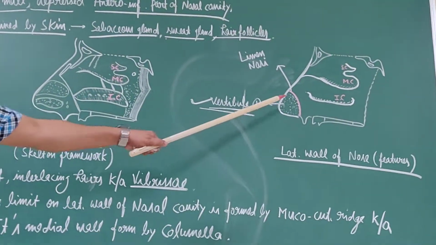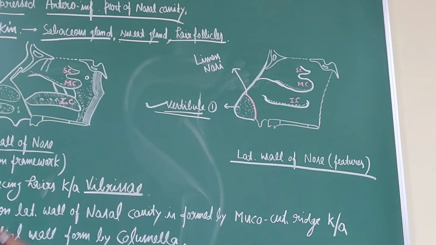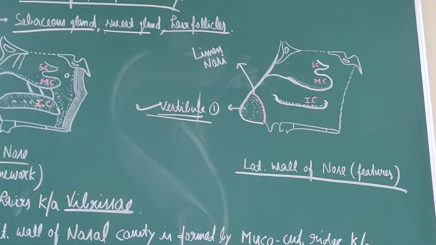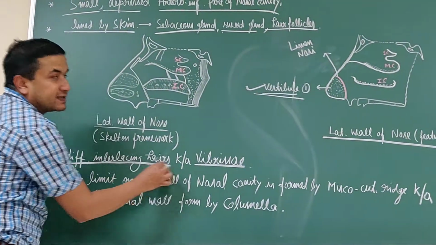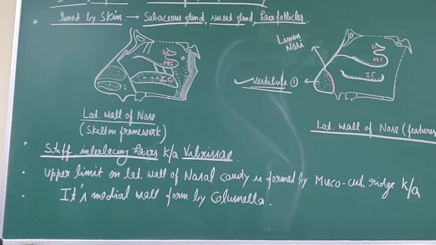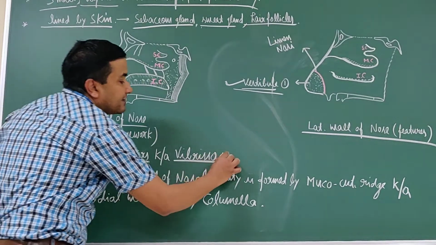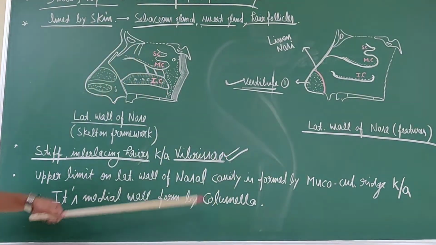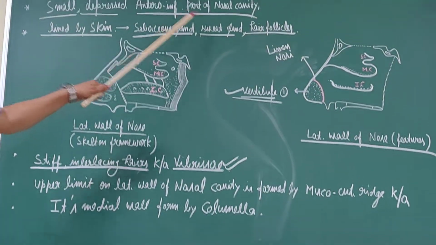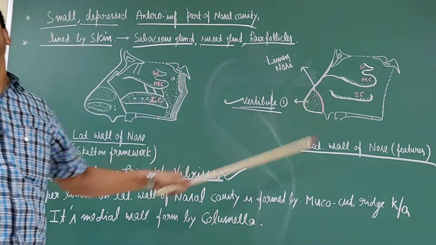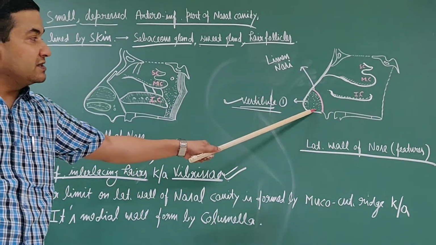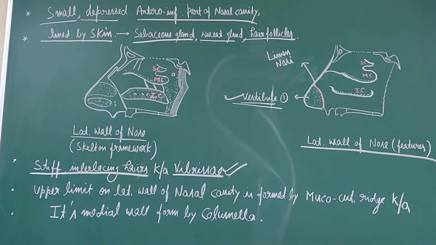Stiff, interlacing, short hairs are present, and these hairs are known as the vibrissae. Vibrissae are present in the skin of this region.